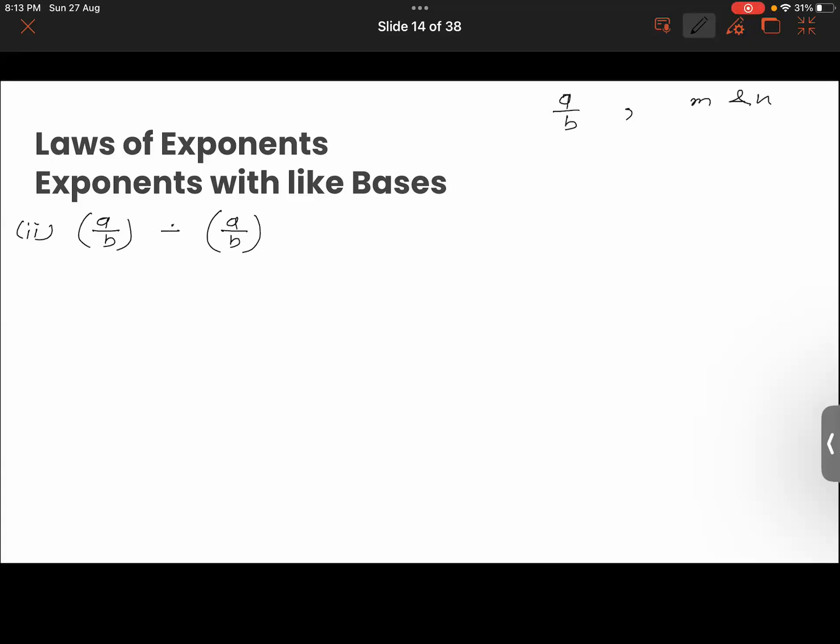Now suppose you are dividing them and then you put the exponents m and n over their head. Now, what can we do here? Here, the same bases are in division with each other and their powers are different. So you will take the common base and you will subtract the exponents. Getting it?